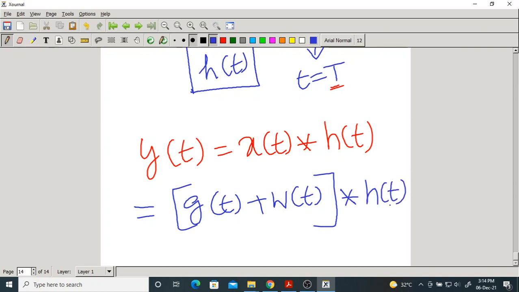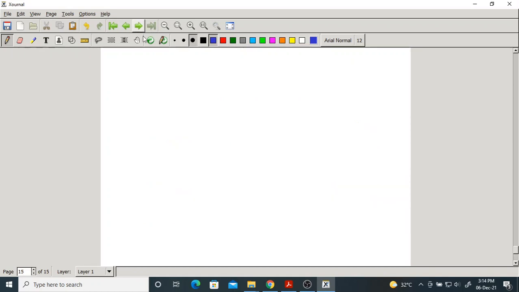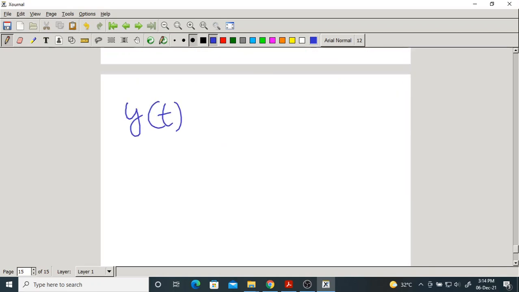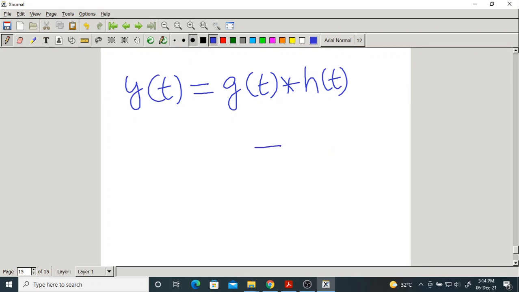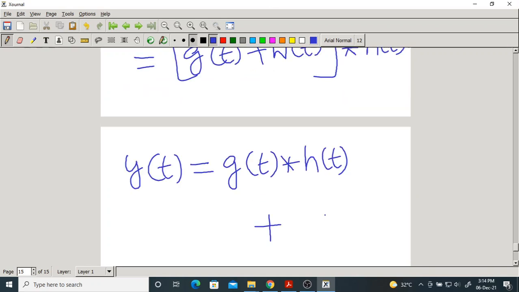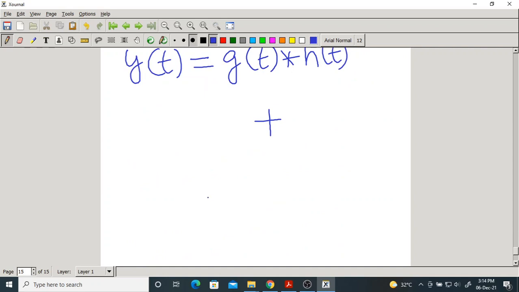You know already convolution obeys linearity. So what is y of t? It is g of t convolution h of t, plus w of t convolution h of t.